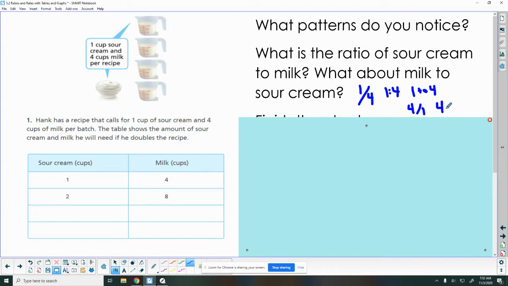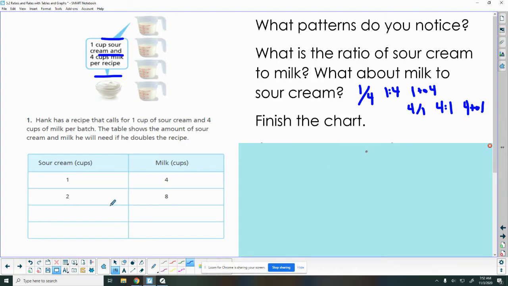I can say it's 4 to 1 or 4/1. So lots of ways to write the same thing, but these fractions here really help us think. I need a fourth of the sour cream, right? I would need to make 1, 2, 3, 4 more. So I need a fourth of it, or I need 4 times the milk.